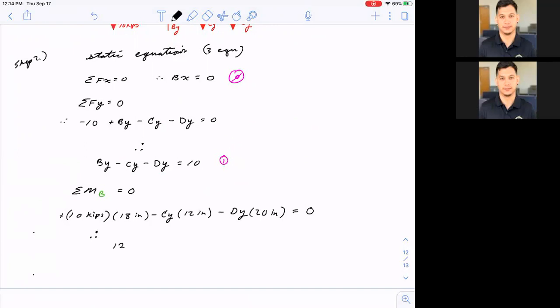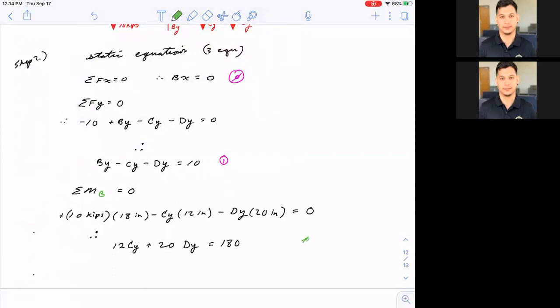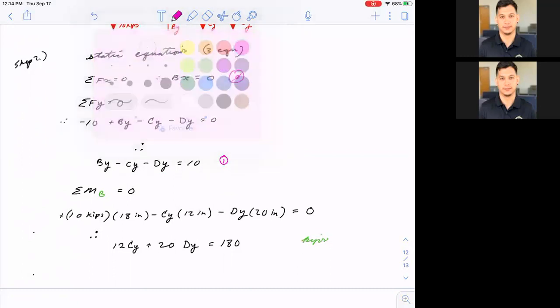So we'll get 12 Cy plus 20 Dy is equal to 180. And we have to remember that we are in kips. And this would be equation 2.